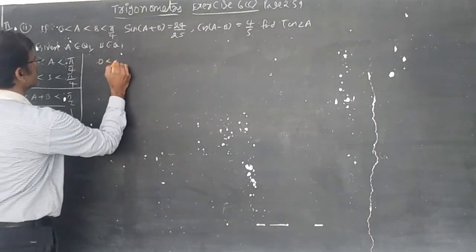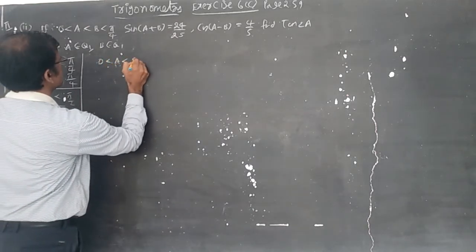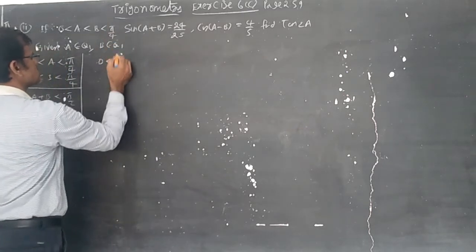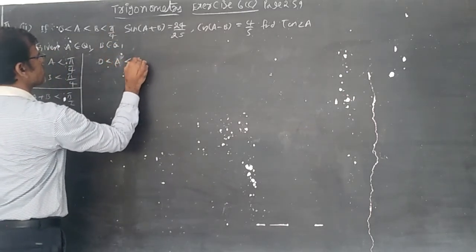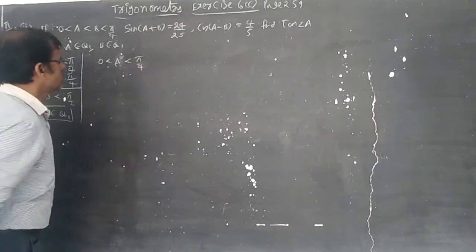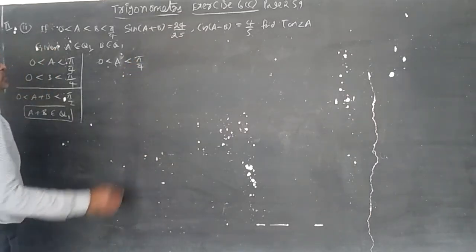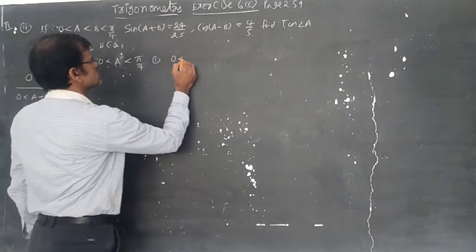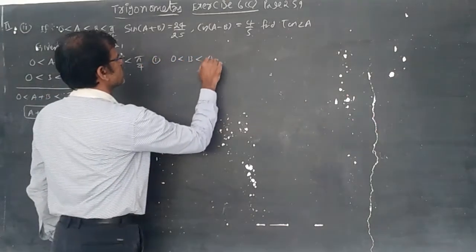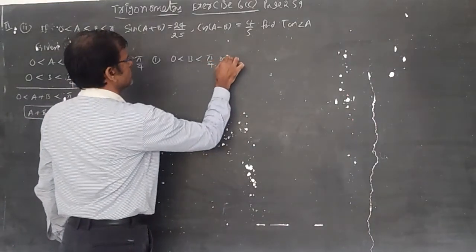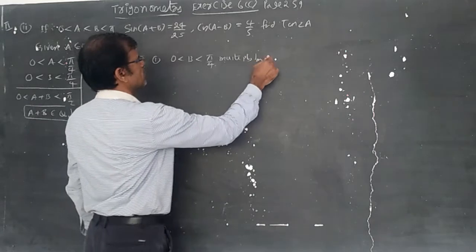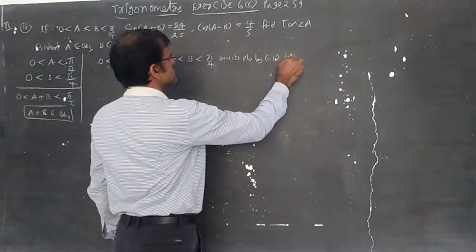0 less than a less than 5/4, it's okay. And next, you write here 0 less than b less than 5/4. Now multiply by -1 on both sides.